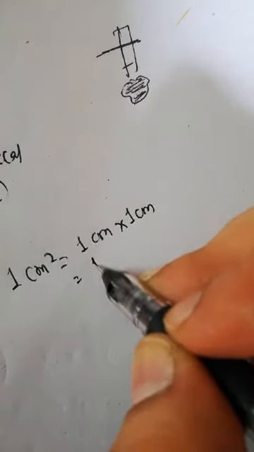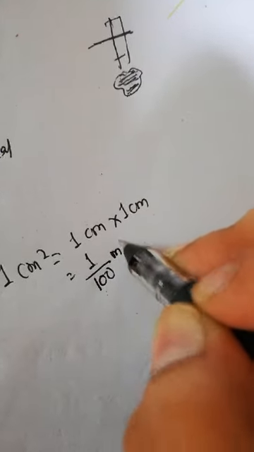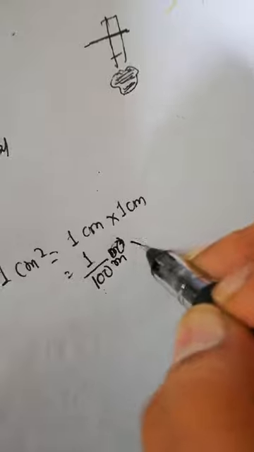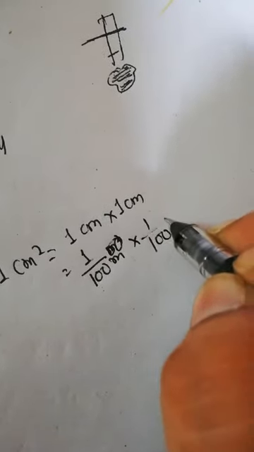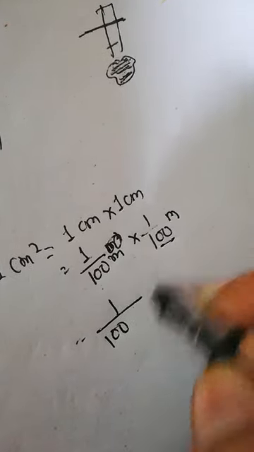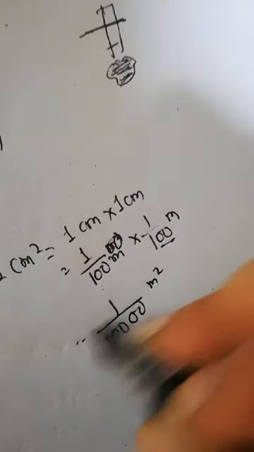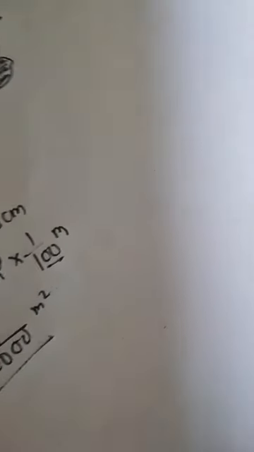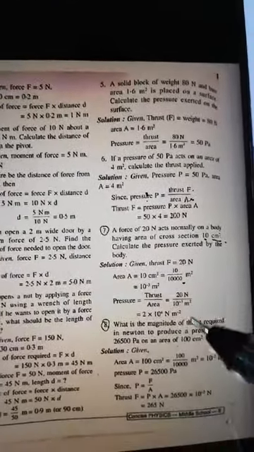So it's 1 by 100 meter into 1 by 100 meter. Altogether I'm going to write 0.0001 meter square. So 1 centimeter square is equal to this much. Please remember it.